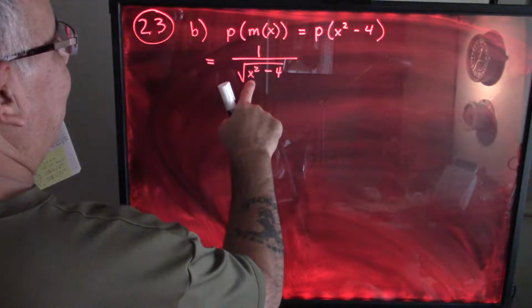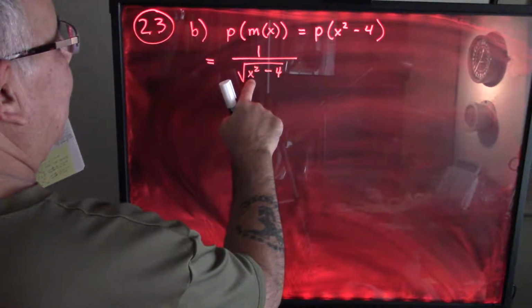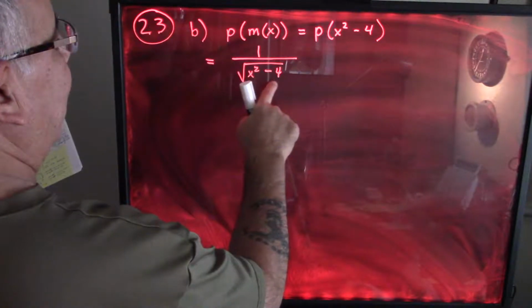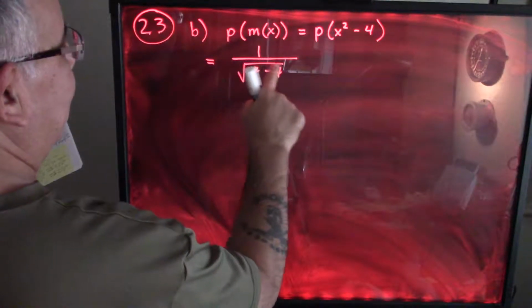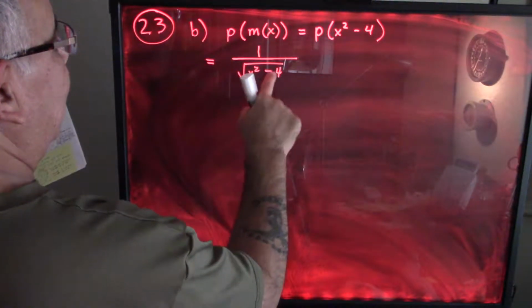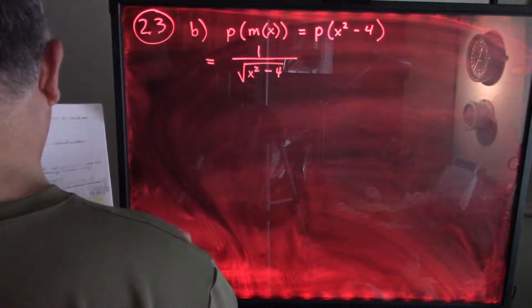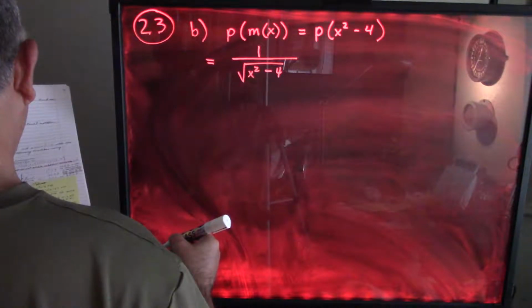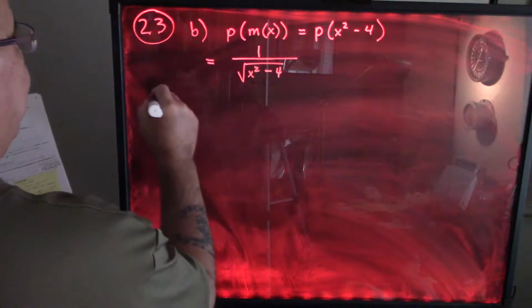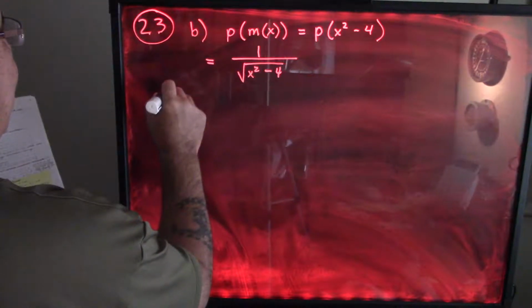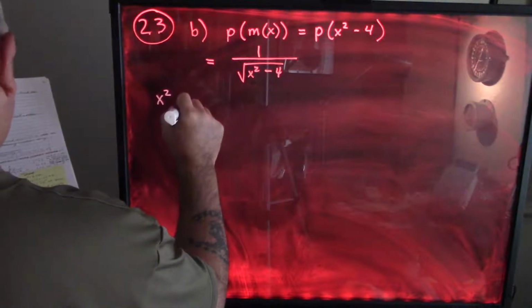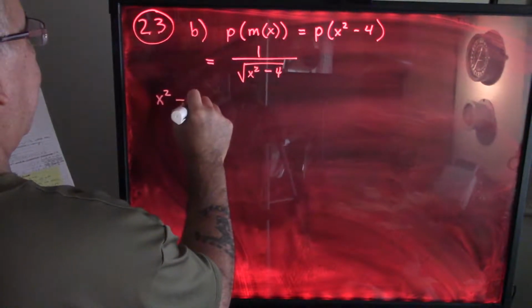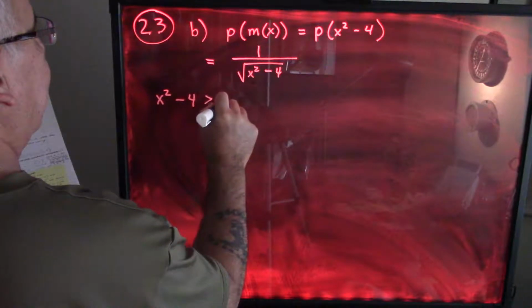But now you have to make sure everything under here is positive, right? You can't take the square root of a negative number, so you've got to make all that positive under there. And so that means x squared minus 4 is greater than 0. That's our inequality that we have to solve to get the domain. X squared minus 4 is greater than 0.